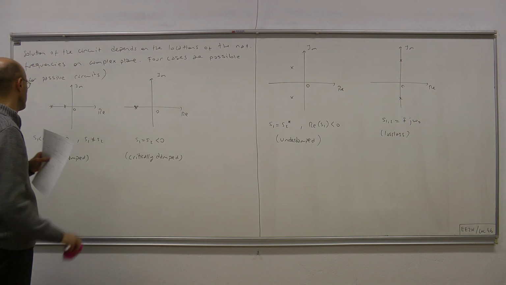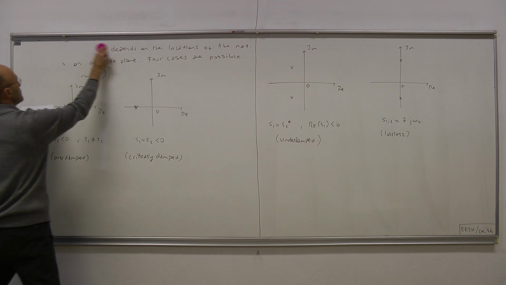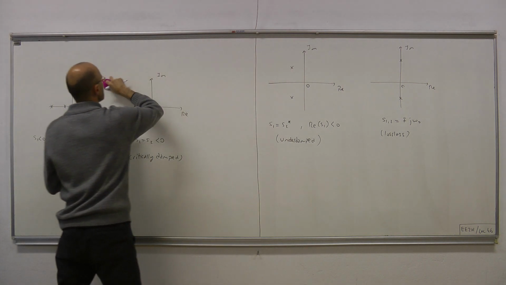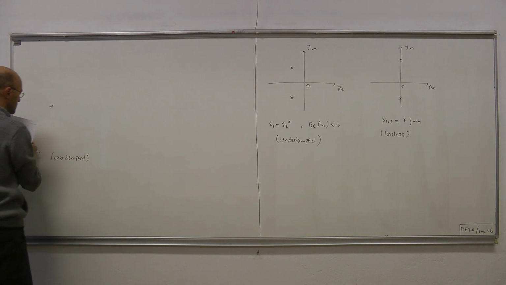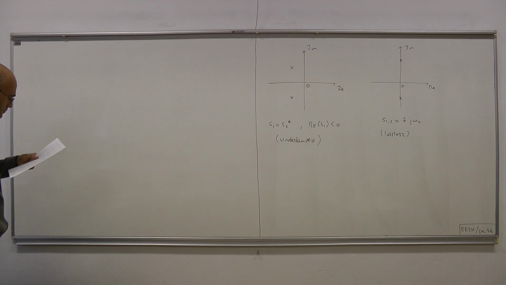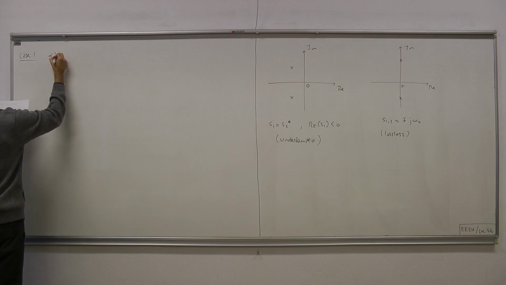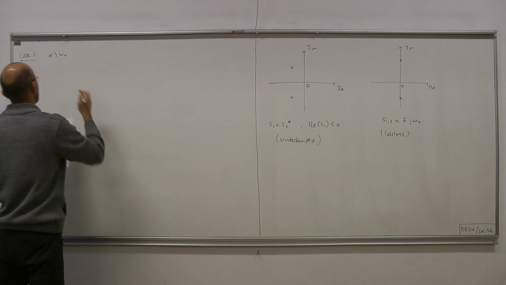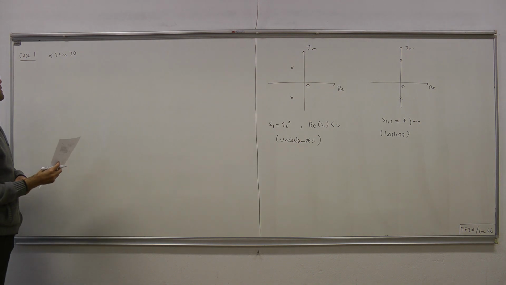Let's start from the first case, case 1. So that happens when alpha is larger than omega 0. And we're always dealing with positive or non-negative coefficients.